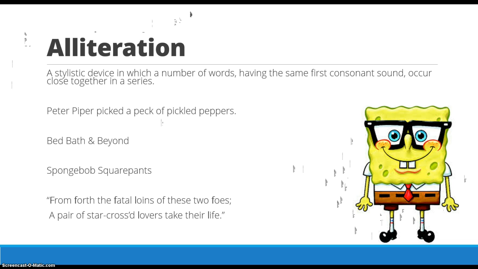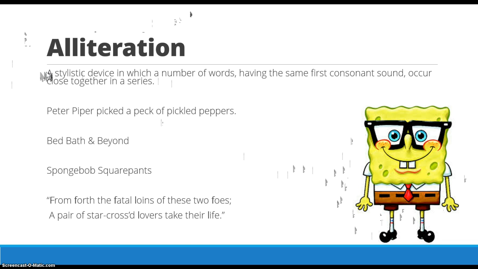So the official definition for alliteration is right up here at the top. It is a stylistic device, or more specifically, a sound device, in which a number of words having the same first consonant sound occur close together in a series.